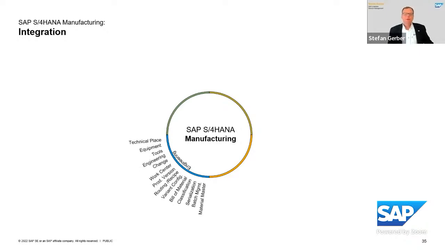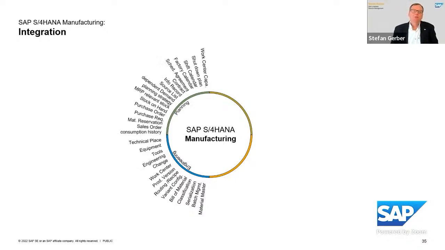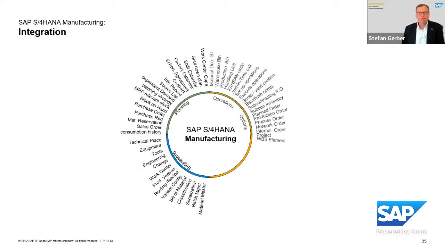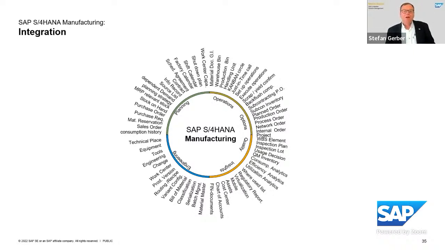For example, in the engineering part, of course, you have seen already before the material master, where we use the same object as with other departments, and you also see a big list of additional objects that are leveraged throughout the life cycle in manufacturing.